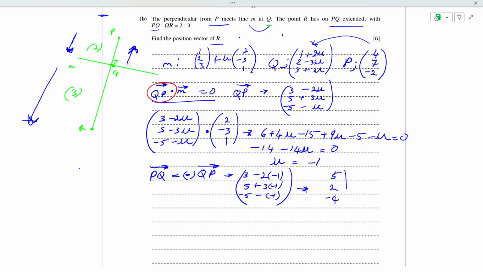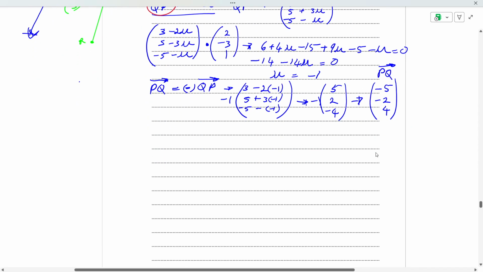We want to multiply that by -1. When you do that, we have -5, -2, and then +4. And then this is now PQ, going down this direction here. This is PQ.